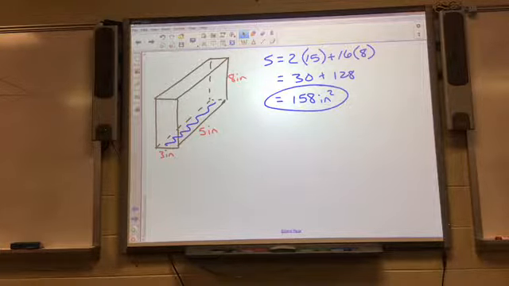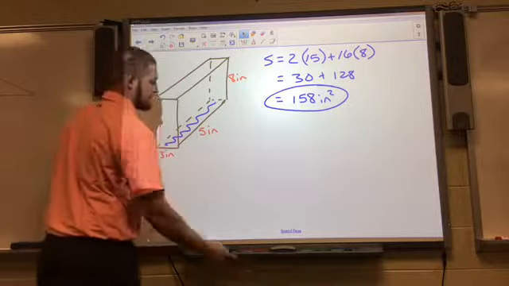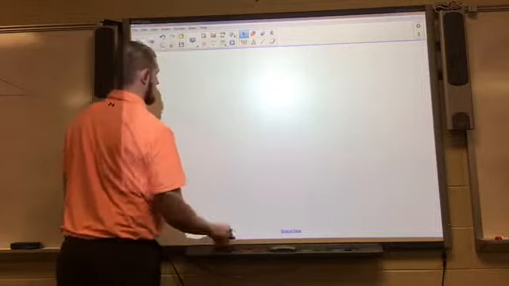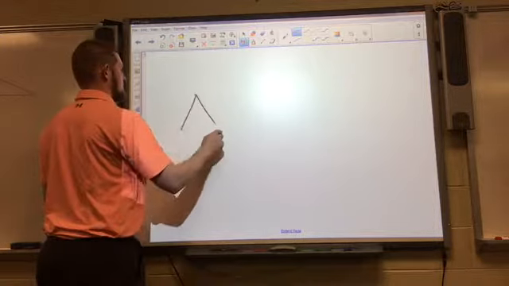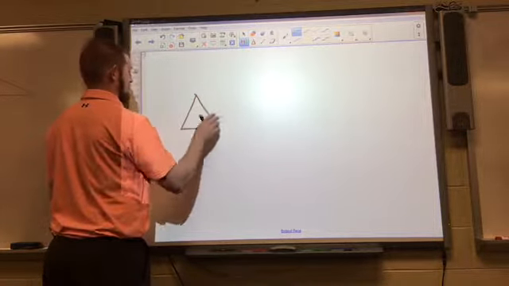What's going to make them a little more challenging? When they're not rectangles. Because rectangles are easy to find the area of. Other shapes not quite as much. Okay, so the next one we're going to do is a triangular prism.